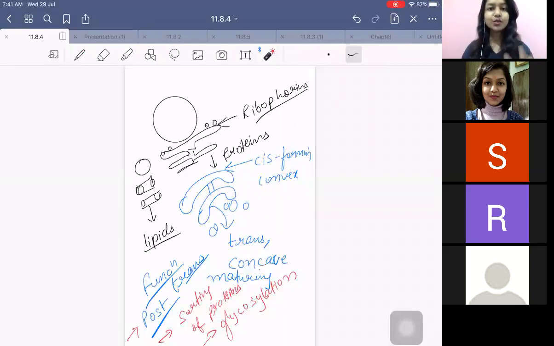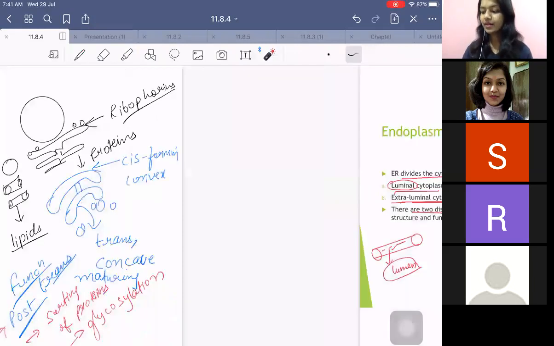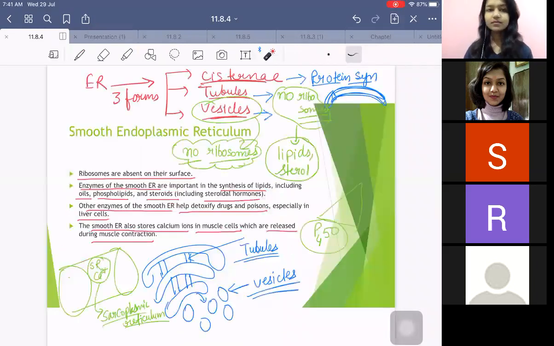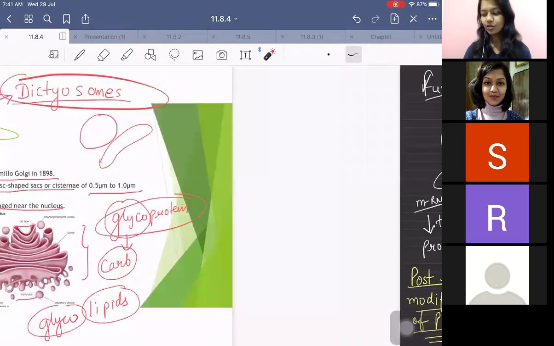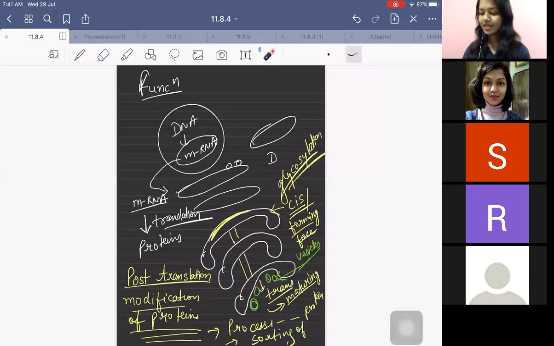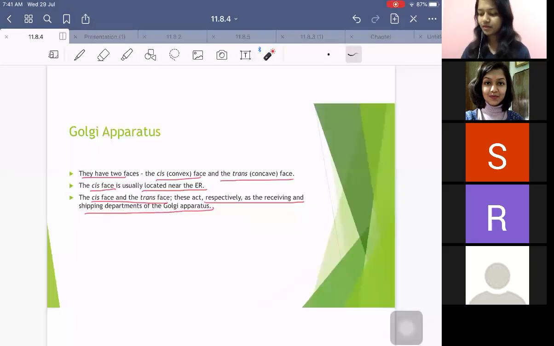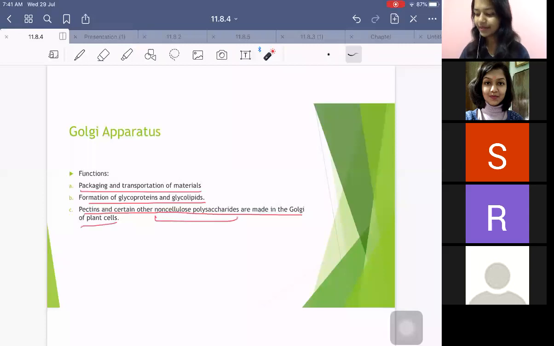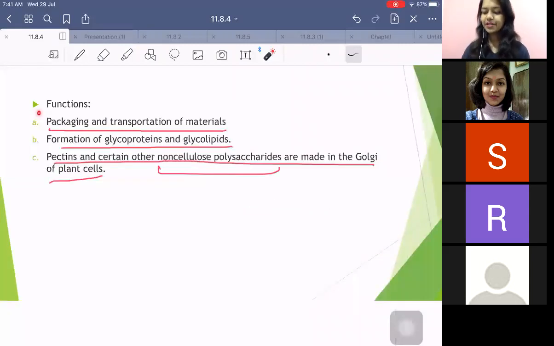There are two other structures which come in the endomembrane system. What are they? Lysosomes and vacuoles. I hope there is no doubt here. Do you have any doubt in Golgi apparatus? Golgi apparatus functions: it helps in packaging and transportation of materials.